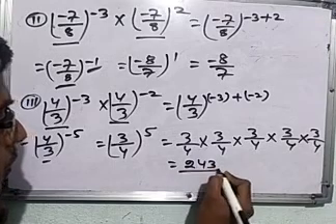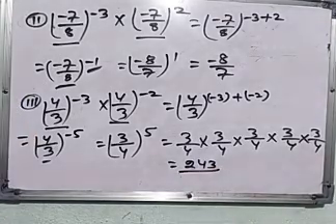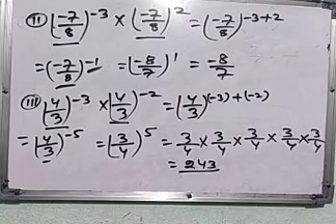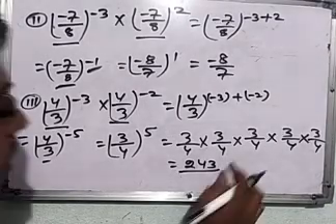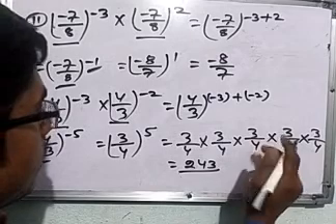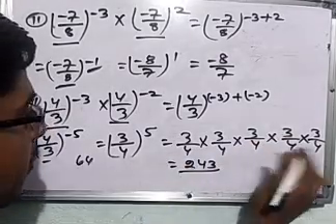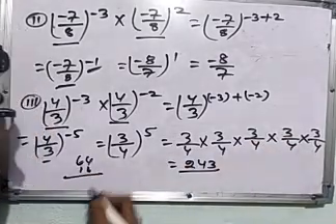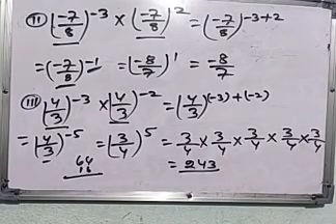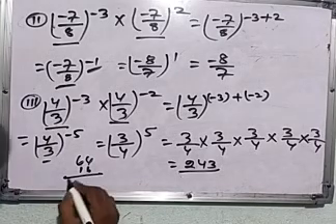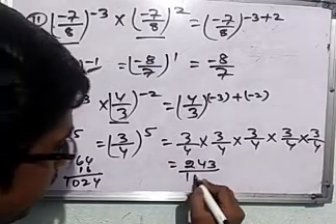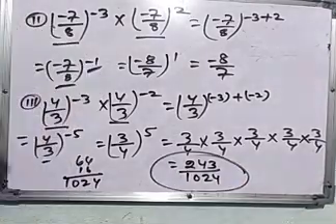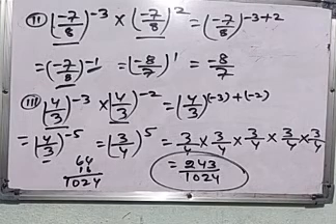So here you write 243 and 4 4 is 16, 16 4 is 64, 64 4 is 256, 256 4 is 1024. So your answer is 243 by 1024. Okay.